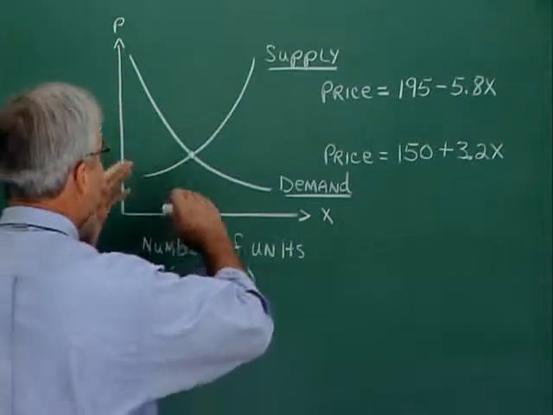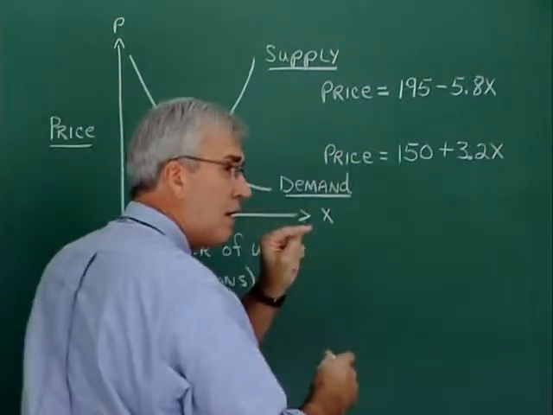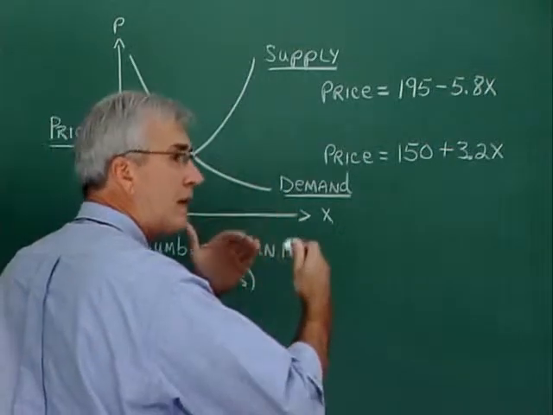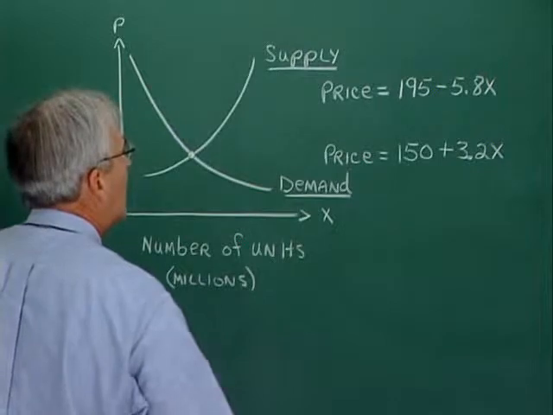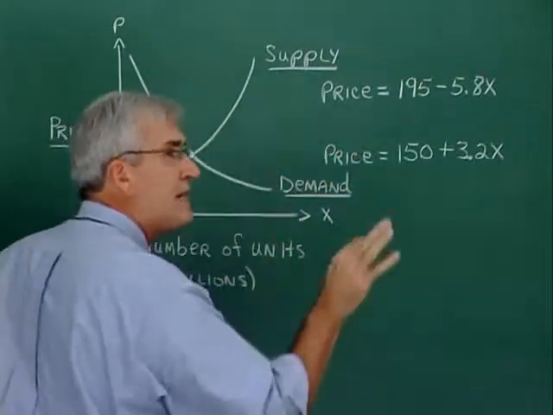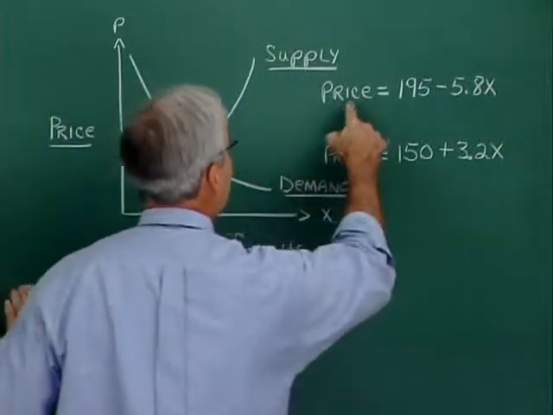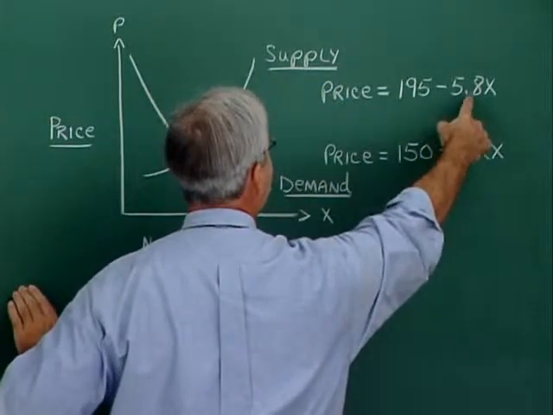And if we have equations which are associated with these, and again, they are a lot of times very complicated to generate equations for each of these. But let's say that concerning DVD players, we have a price on the supply side of 195 minus 5.8x.